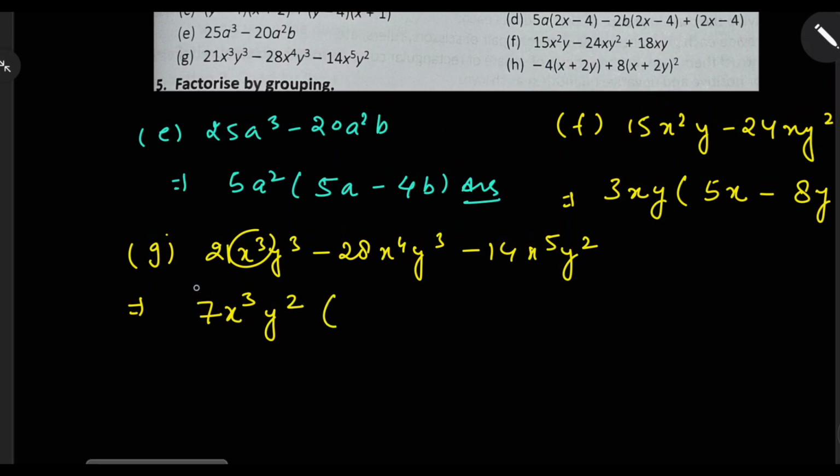So we are left with 7 threes are 21, so 3y, minus 7 fours are 28, so 4xy, minus 7 twos are 14, so 2x square only. And this is our answer.